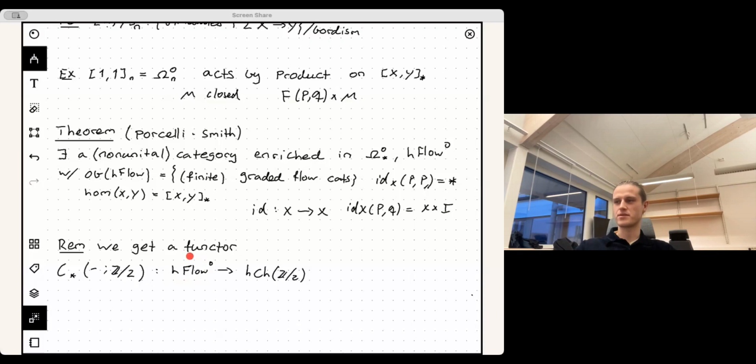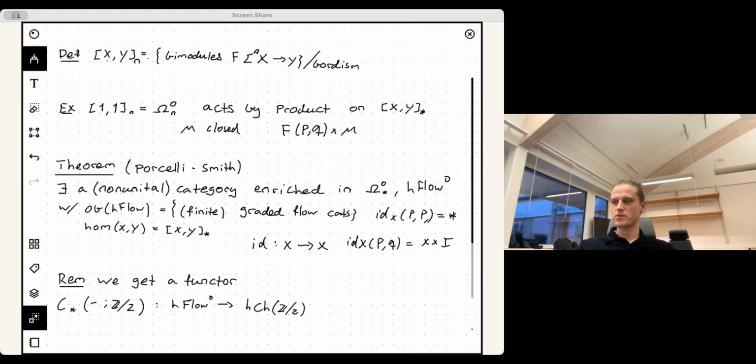Now this is a good candidate, right? This is a category that is more advanced than just chain complexes. It has some graded structure over the bordism ring, which is bigger than C mod 2. So this is good, but we can still get back the classical invariants.